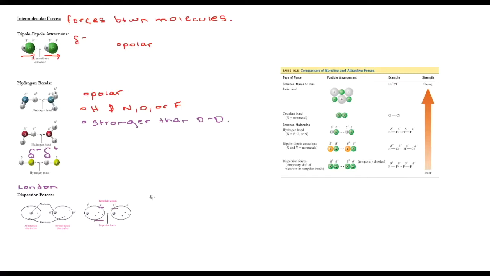So the interesting thing about dispersion forces is that it exists for all atoms and molecules. Okay, so if you have an atom, it will only have dispersion forces.